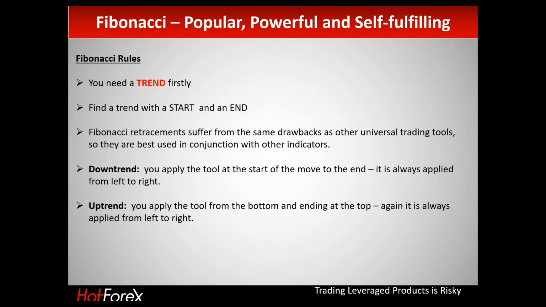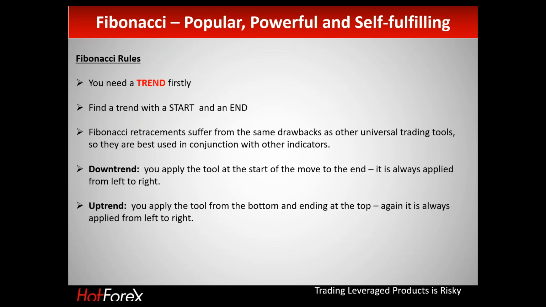So you need to be very, very careful with it. If you are wrong about the trend direction, your Fibonacci levels will be wrong as well and meaningless. So you need to make sure that you have applied it in an appropriate way and in a trend.